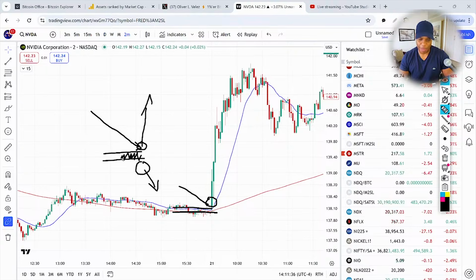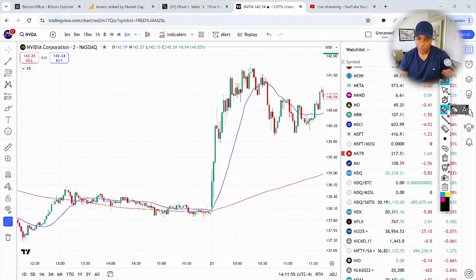You see? Boom. And OMG. My goodness. Was that an amazing explosion from a narrow state? Now, that's at the open.